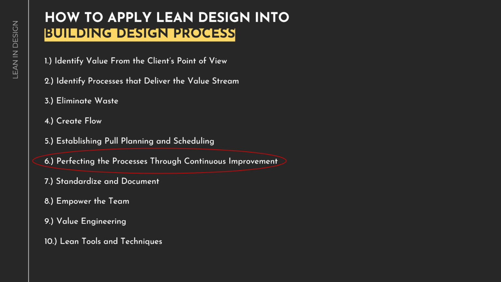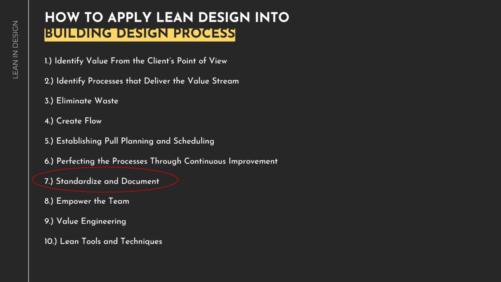Encourage a culture of continuous improvement and empower team members to suggest and implement change. Seventh, standardize and document. That means develop and document standardized design processes, workflows, and best practices. Ensure that all team members understand and follow these standards to maintain consistency and efficiency.